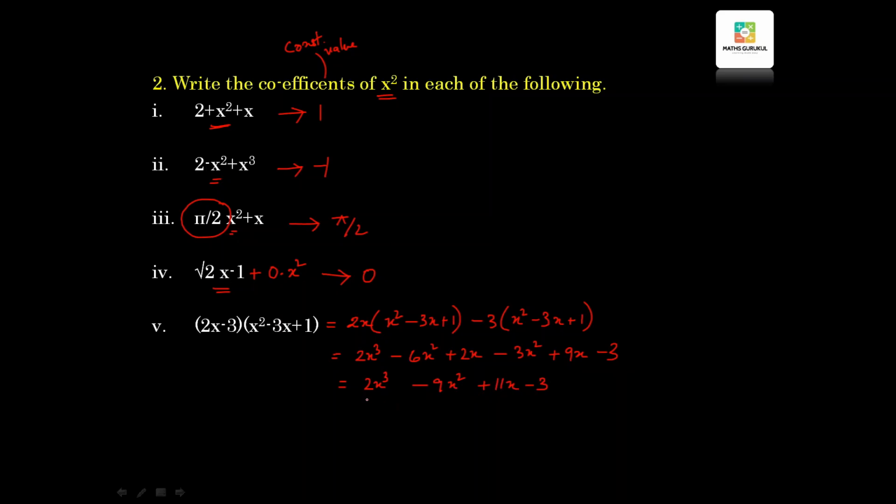So this is our final expression. So in this final expression also, we need to find the coefficient of x square. So we can clearly see that minus 9 is the constant value that is multiplied with x square. So the coefficient of x square in this particular expression will be minus 9.